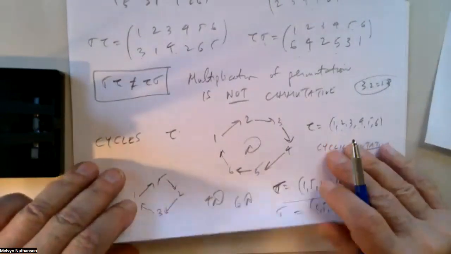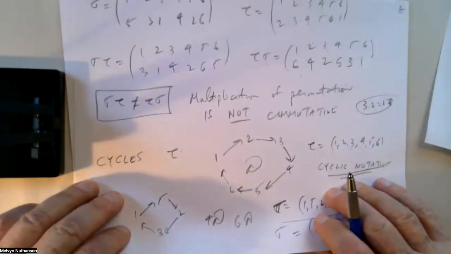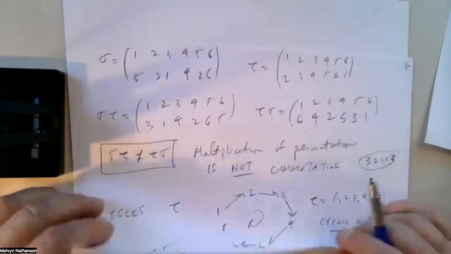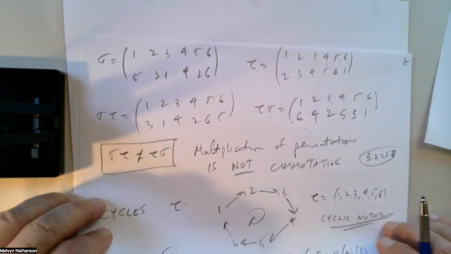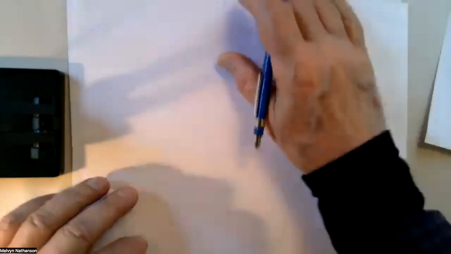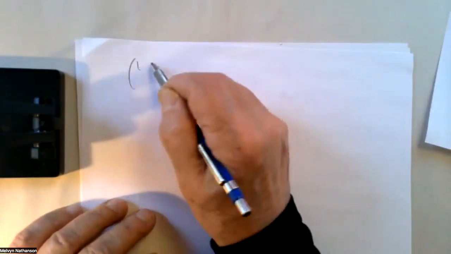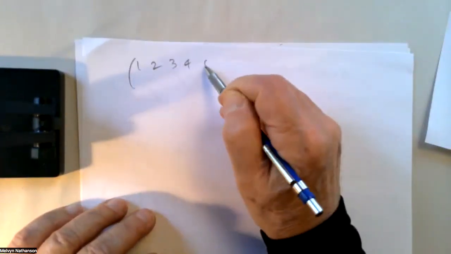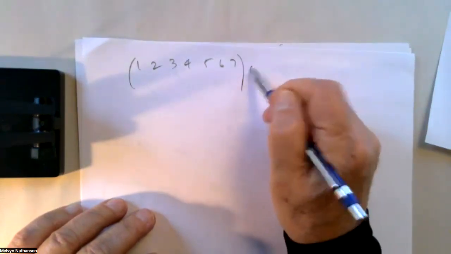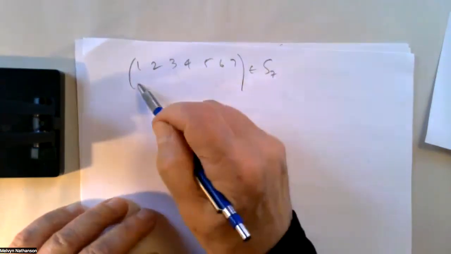Let me stick with sigma for the moment. Or I don't have to stick with sigma. Let's take another permutation. Suppose I take a permutation of 1, 2, 3, 4, 5, 6. Let me take a permutation in S7.